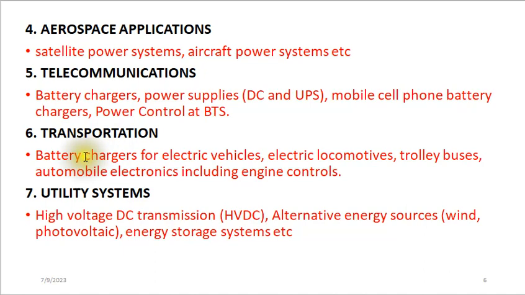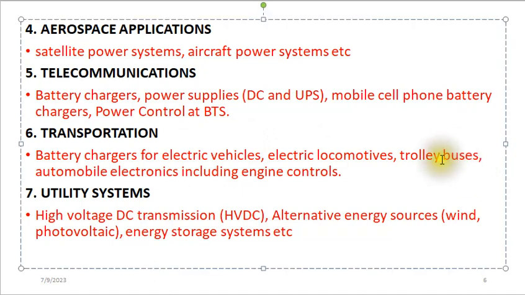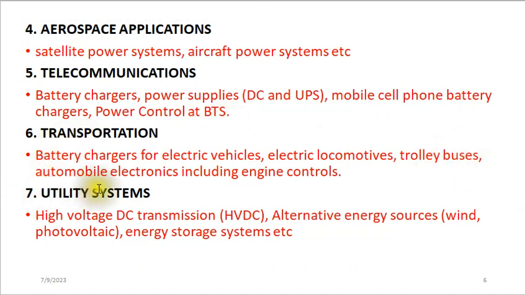It is used in the area of transportation, particularly in battery chargers for electric vehicles, which are becoming very common now. It is used in electric locomotives, and in trolley buses, which use an electric motor as the engine and tap electricity from the mains on the road. It is used in automobile electronics. All the electronic systems in an automobile involve the use of power electronics, even the engine control.